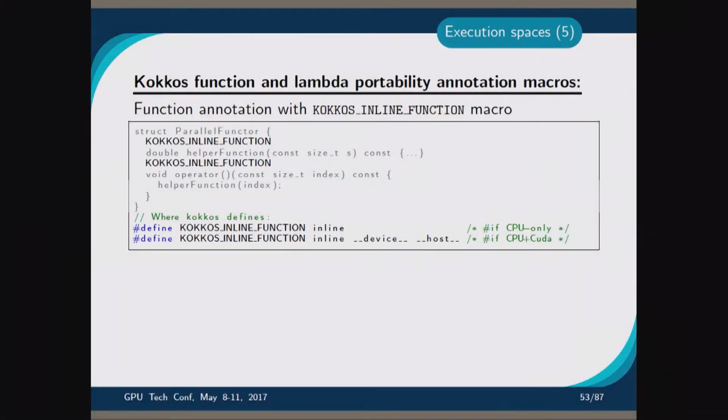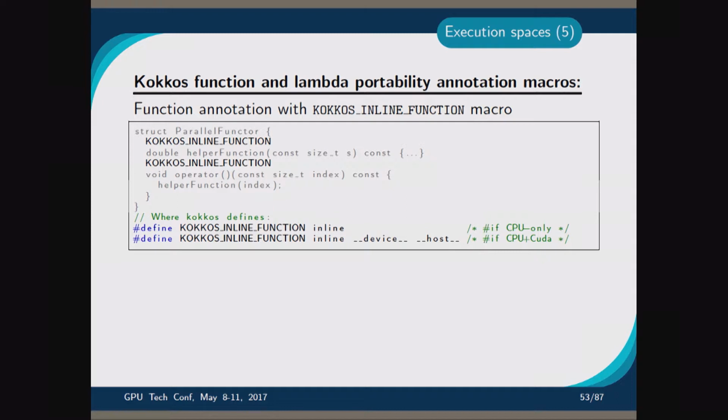So what do we do about that to deal with portability so that we don't have to sit there and mark and unmark and mark and unmark? Well, if you've done any kind of C or C++, you do macros. We've created this macro, a Kokkos inline function, that we annotate functions with. If you have activated CUDA, this is what the macro turns into.